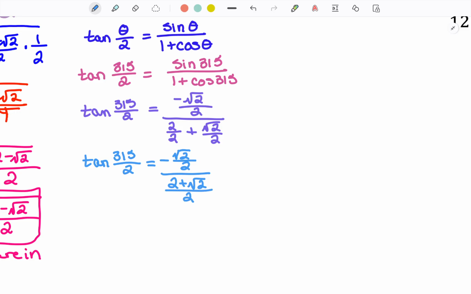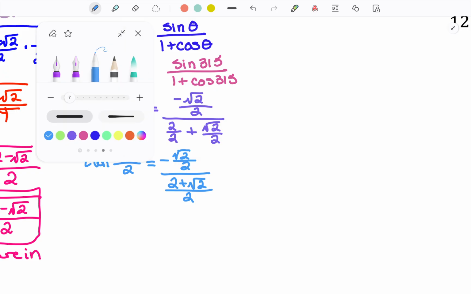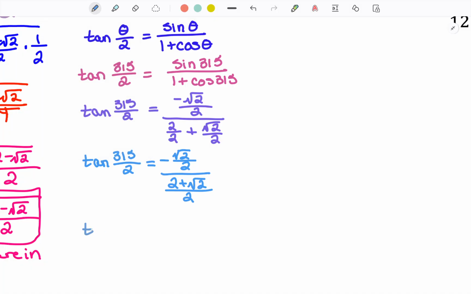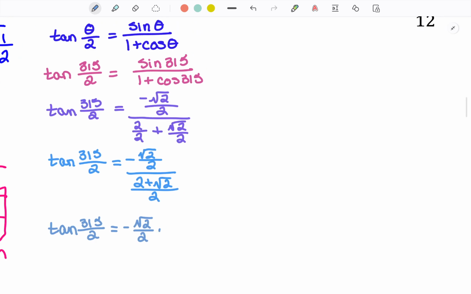And so now we are going to need to flip and multiply. So we have the tangent of 315 over 2 equals the negative square root of 2 over 2 times 2 over 2 plus the square root of 2.